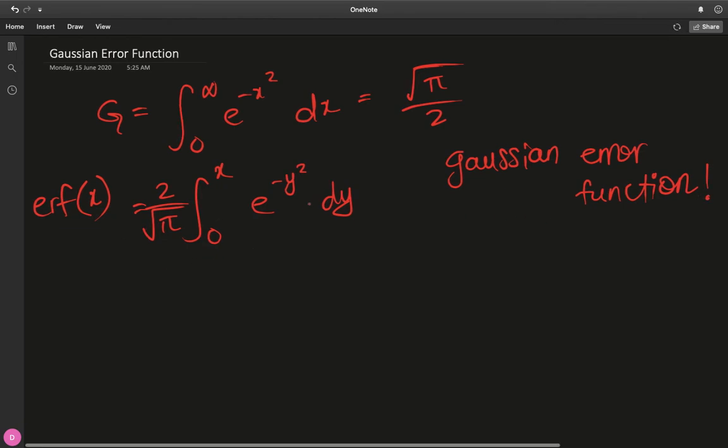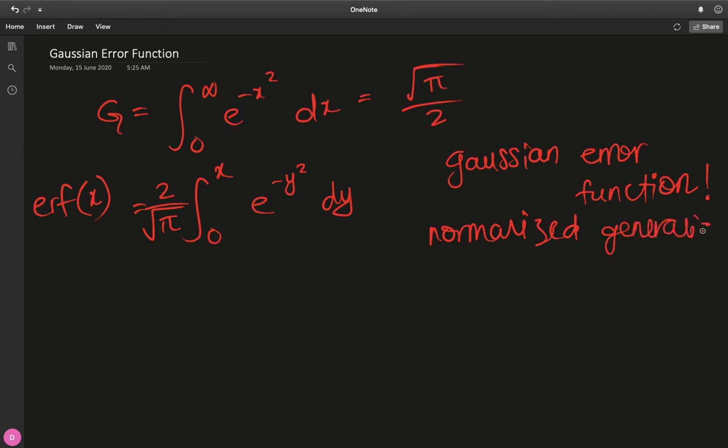So it's basically your normalized generalization of the Gaussian integral.